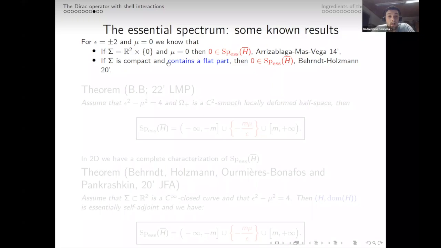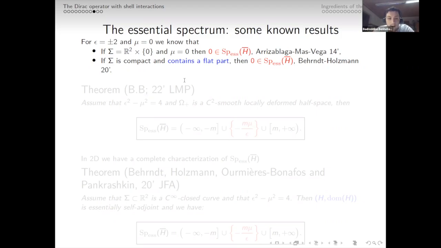And then it was shown by Behrndt and Holzmann that in the case of a compact C2 smooth surface, if we assume that there is a flat part with strictly positive surface measure, then 0 is in the essential spectrum. So there is a difference between this critical case and the non-critical case.